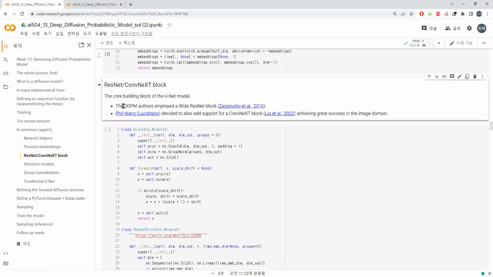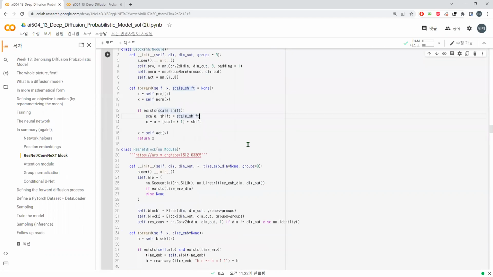In the original DDPM paper, the authors employed a wide ResNet, but lucidrains decided to also add support for a ConvNeXt block. And just run it.